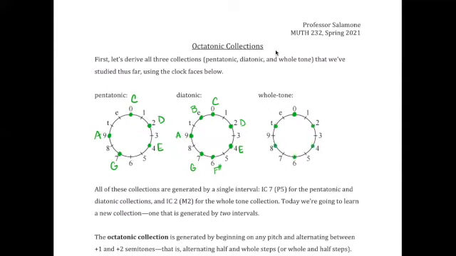Now, all of these collections, pentatonic, diatonic, and whole tone, are derived by taking a single interval, either interval class 7 or interval class 2, and developing an entire collection from that one single interval. Today's collection is one that's generated not by 1 interval, but by 2.